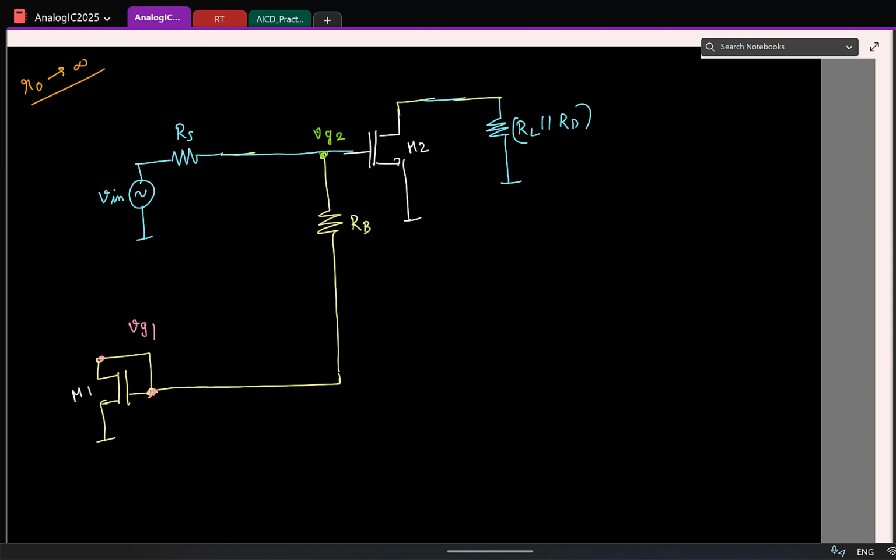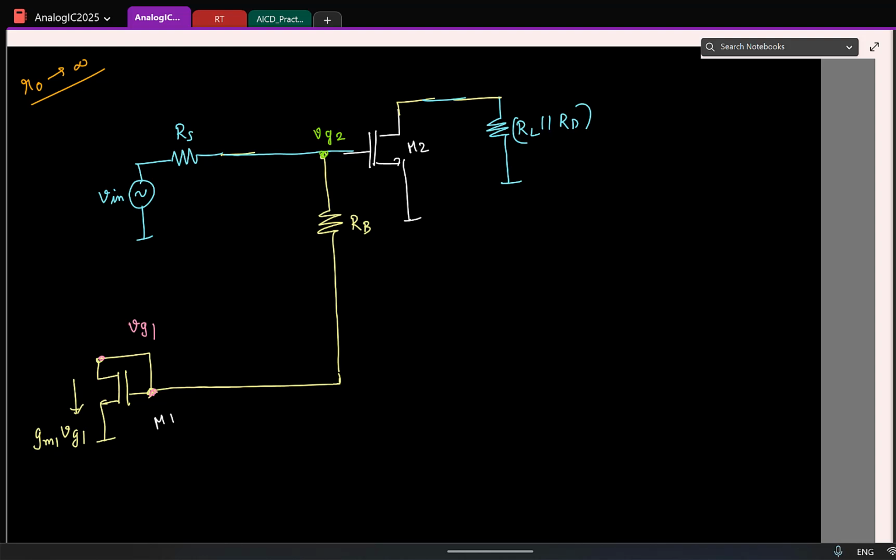For small signals, how will this transistor behave? Voltage controlled current source, for any transistor. So what will be the current drawn by the transistor? Gm of transistor M1, Gm1 times VG1 or VG2? VG1. Okay.